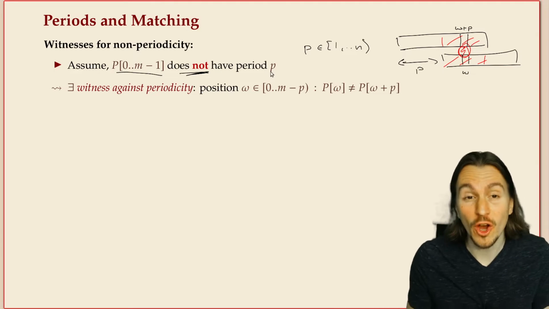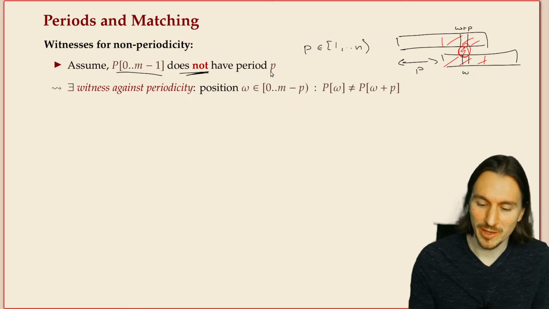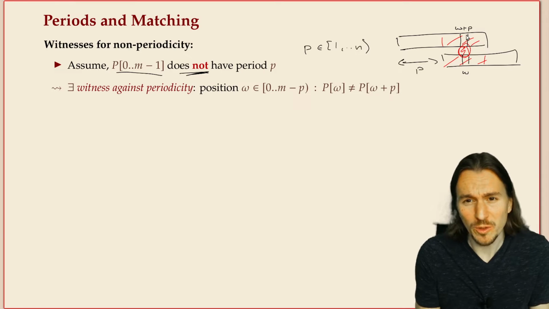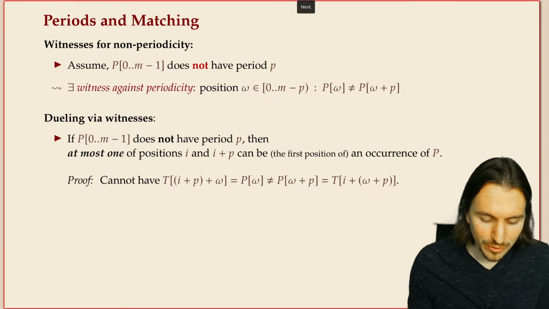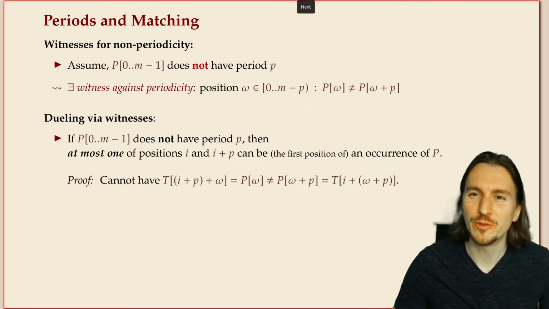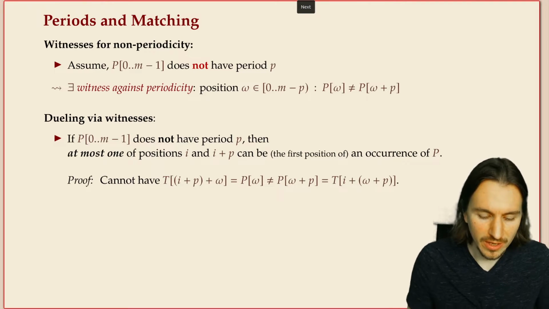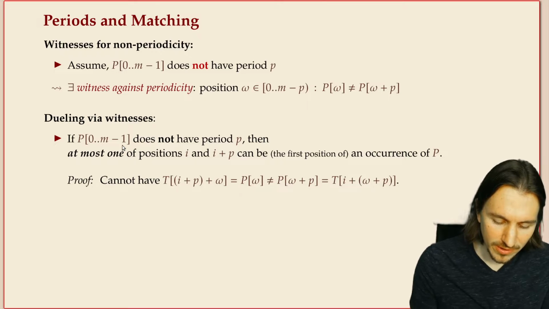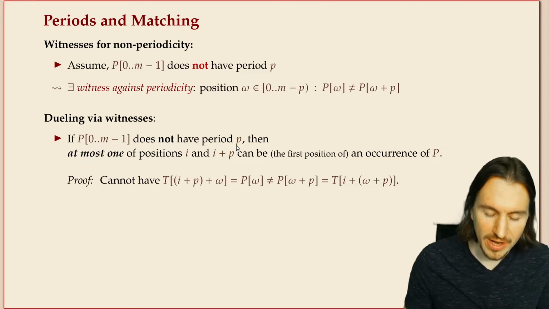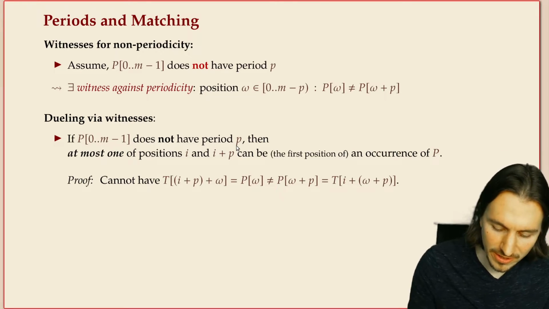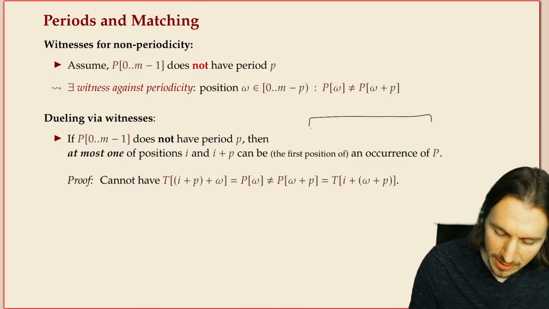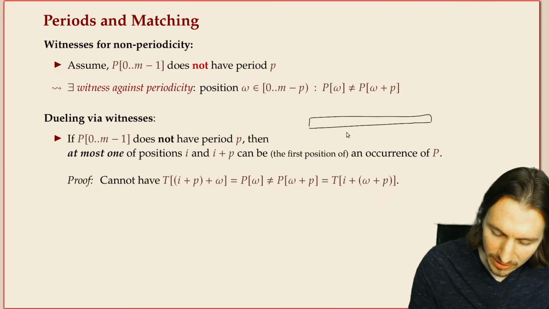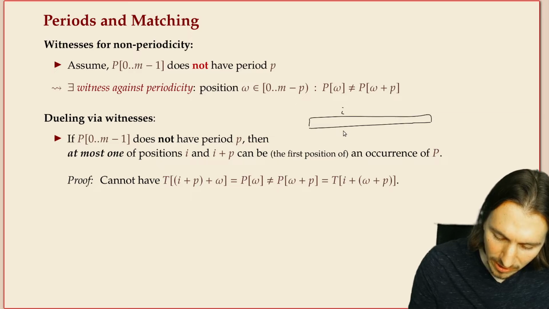Whenever we have a non-period, there must be a mismatch somewhere along here, otherwise it would be a period. So far, so good. How can we use this for string matching? Again, if a pattern does not have this period, then suppose we try to align the pattern with the text, and we guess there's a match at position i.